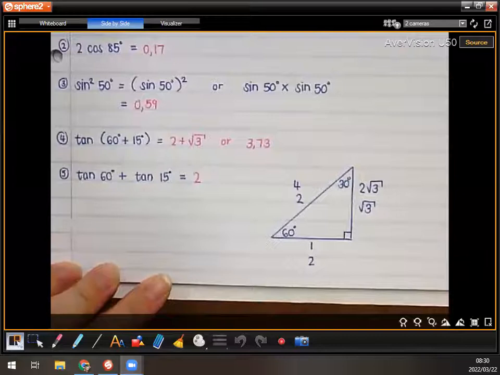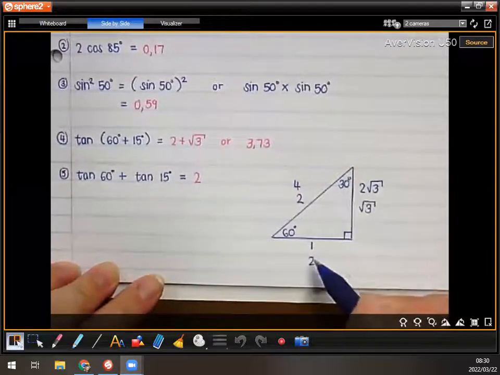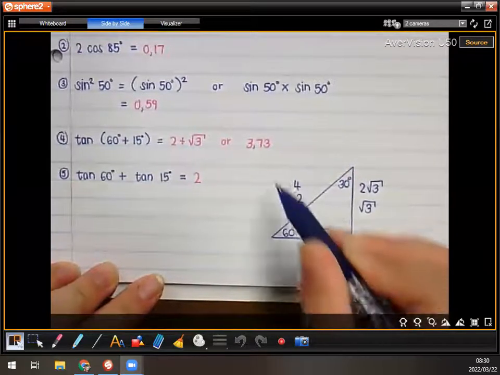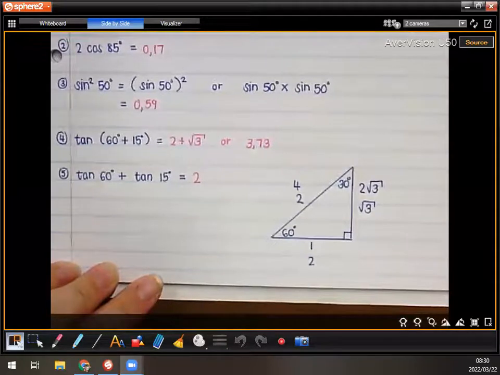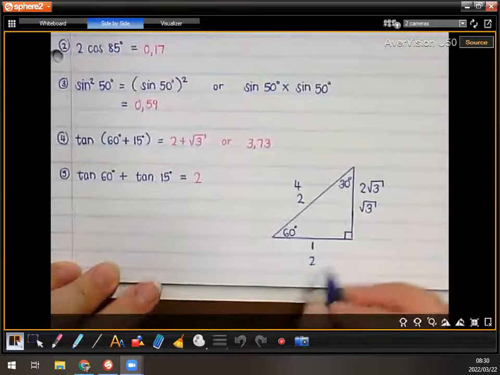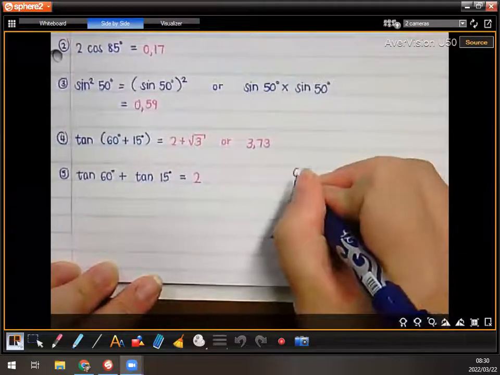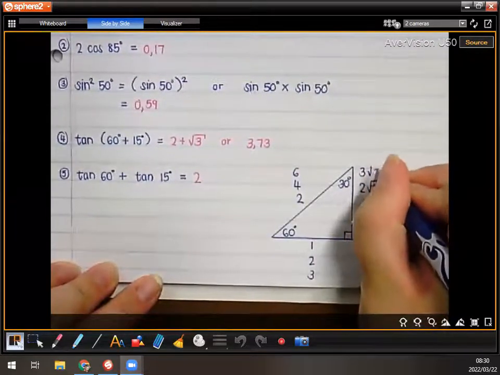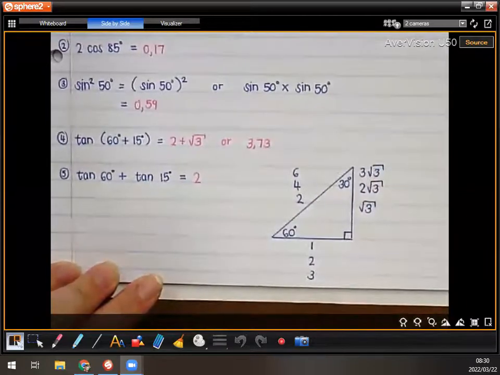But when you're then doing sine 30, you're still going to get opposite over hypotenuse, 2 over 4, which is equal to a half. You could triple these, so you could have 3 and 6 and 3 root 3, for example. You would still get a half for sine 30.